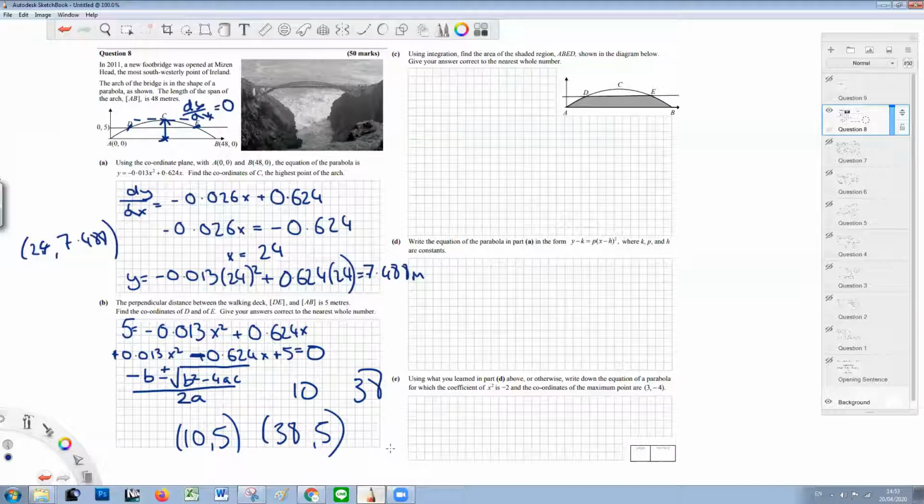The next one, using integration, find the area of the shaded region ABED shown in the diagram below. So in order to find the shaded area, you could break this into a rectangle, kind of do it that way. But the easiest thing, I think, is to find the full area and then take it away from the smaller area.